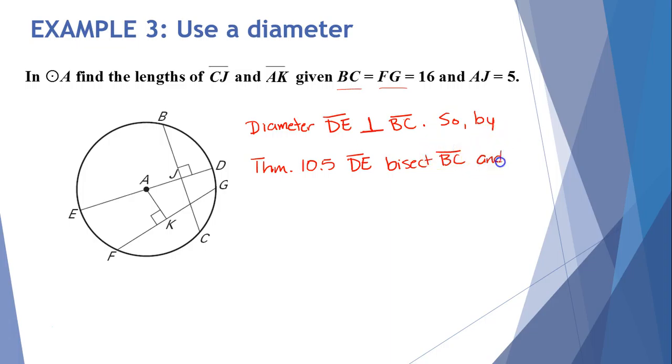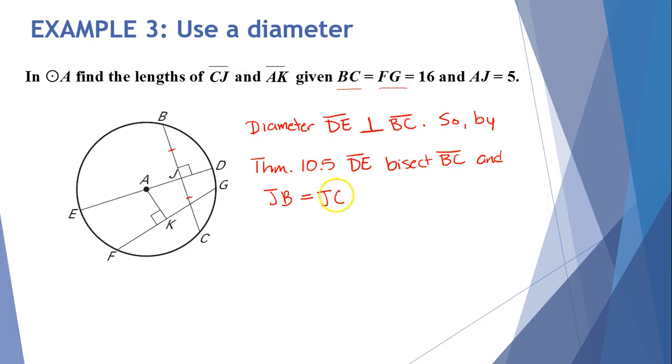And we should know if DE bisects BC, then JB and JC are congruent to each other. I'm going to say JB is equal to JC.